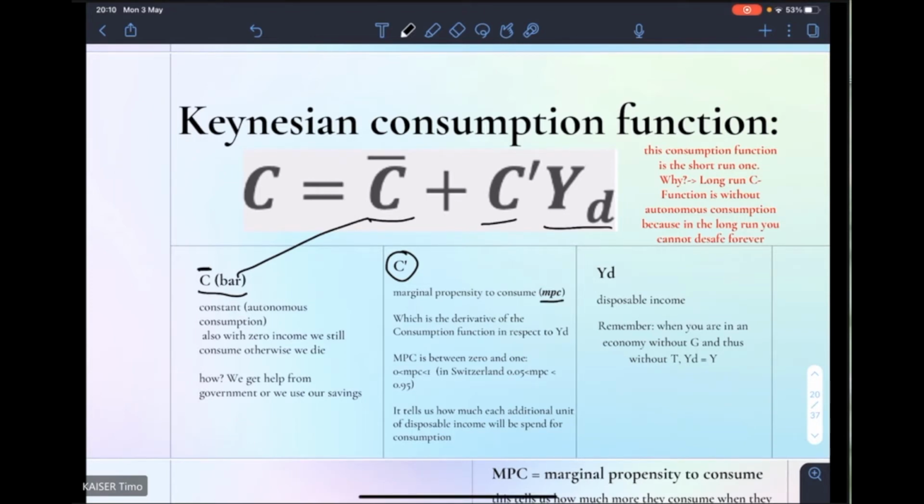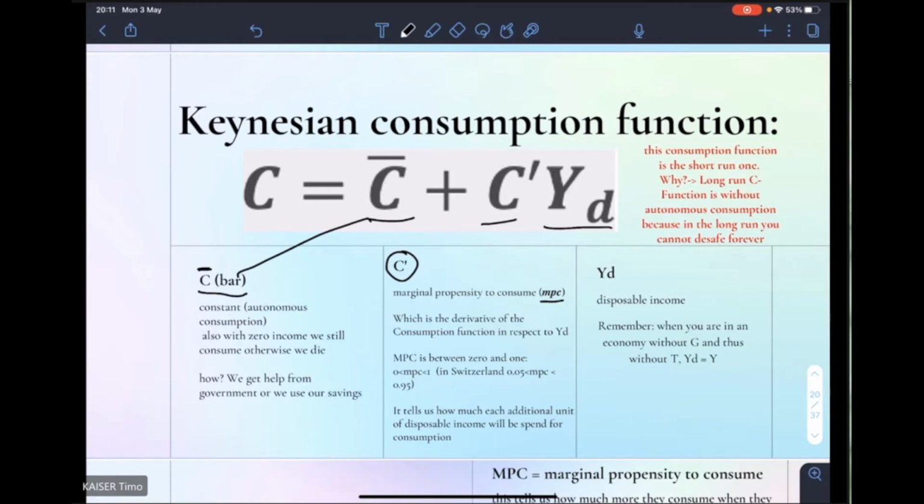On the next slide, we will have a look a little bit deeper into this. The marginal propensity to consume is how much you consume more with one additional unit of income, or in this case, of disposable income.